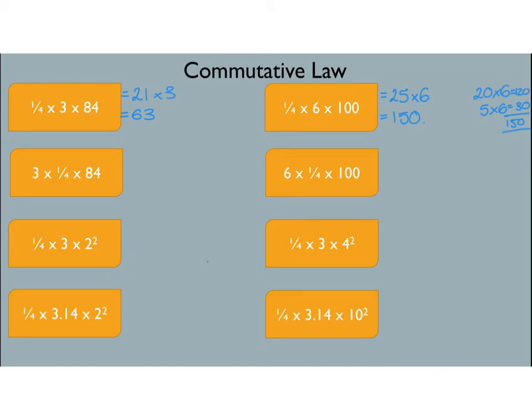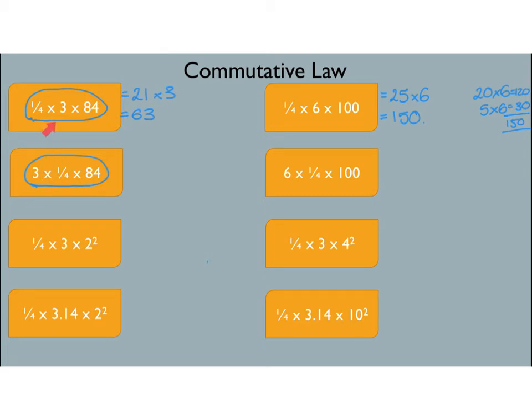Okay, on to the next line. Now, hopefully you noticed that this question here is actually the same as that question there. The numbers are just in a different order. Now, remember, we've been speaking about the commutative law, and when you've got a multiply, it doesn't matter what order you do a multiply in.